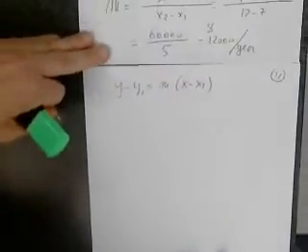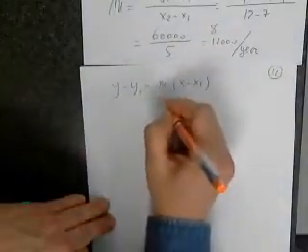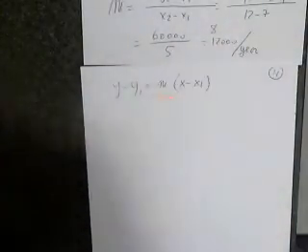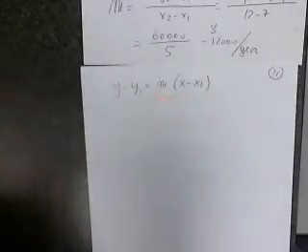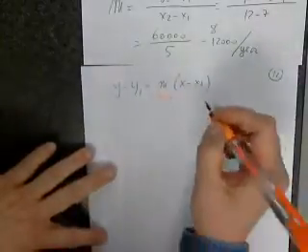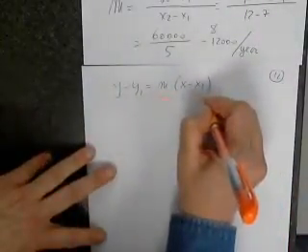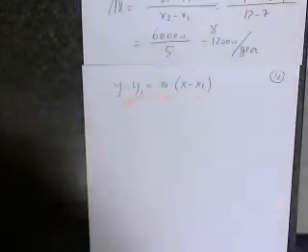Which ordered pair do you want to use? It doesn't matter. But the slope will be 12,000, no matter what. So which ordered pair do you want to use? First one. Then it means that you're going to put 7 for x1, and you're going to put 210,000 for y1.